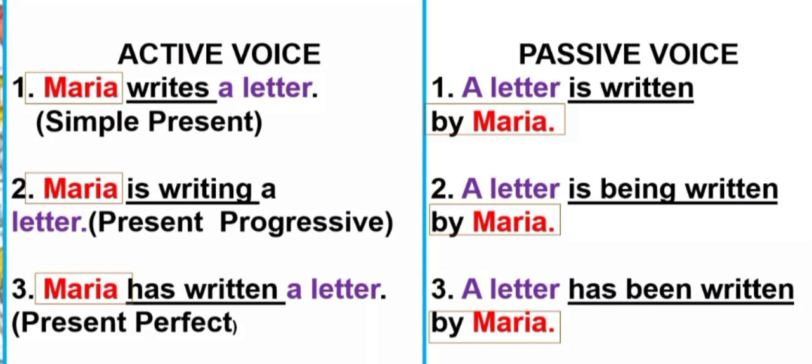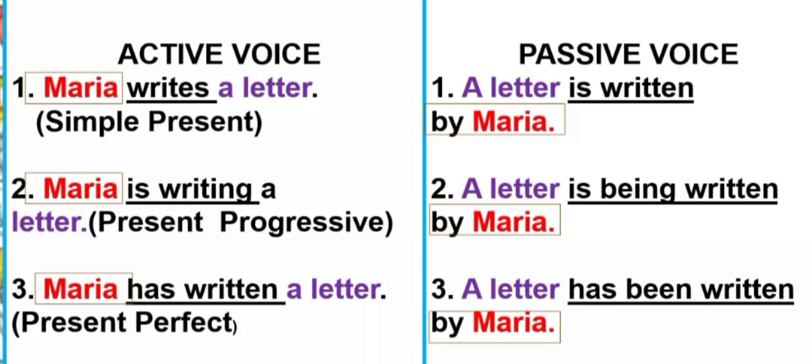Very easy to understand. Number 3, how about the present perfect? So that you'll also have an idea how to change a sentence in the perfect tense. "Maria has written a letter." So, "a letter has been written by Maria." What did you notice? Only the verb in the passive was changed. "A letter" from sentences 1, 2, and 3, and then "by Maria" from sentences 1, 2, and 3 are the same.